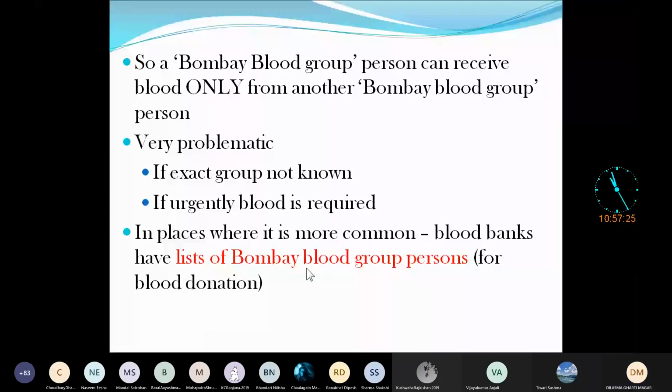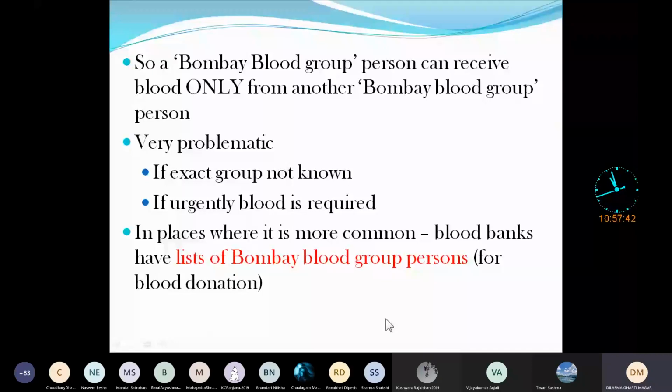So it is kept in a list, and they will not be asked for repeated donation. Understood here? Whenever somebody needs the Bombay blood group, only those persons will be contacted, and then the blood donation will be given.